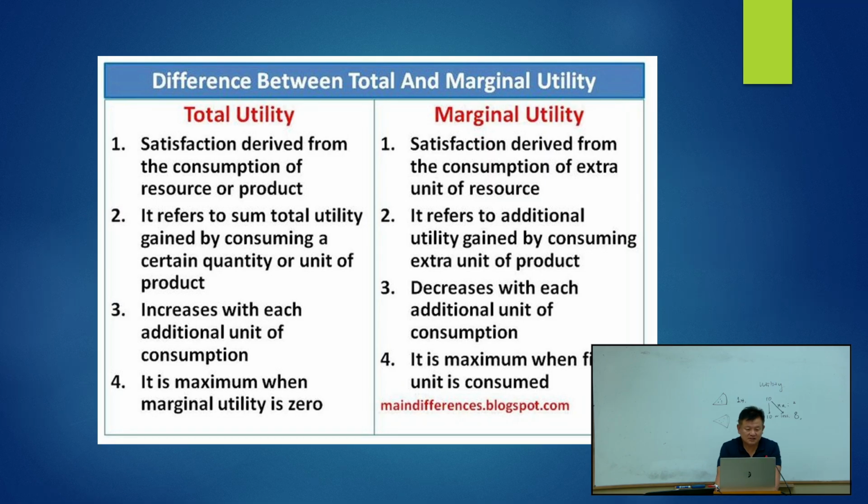Total utility refers to the total utility gained by consuming a certain quantity of products, plus all things. But marginal utility refers to the additional utility gained by consuming an extra unit: the second one, the third one.